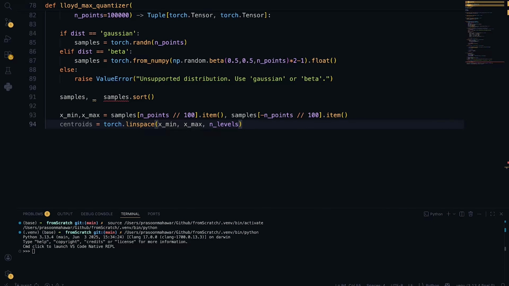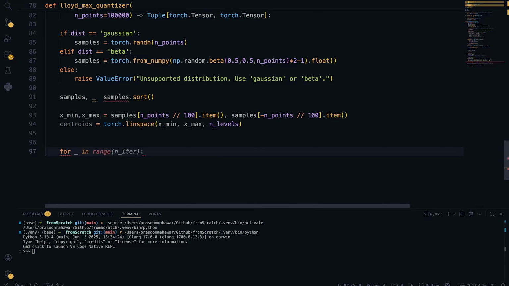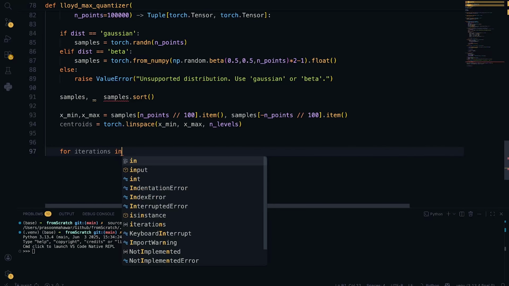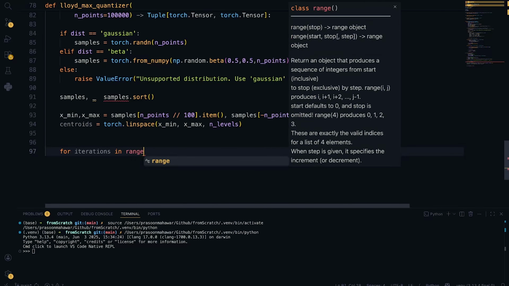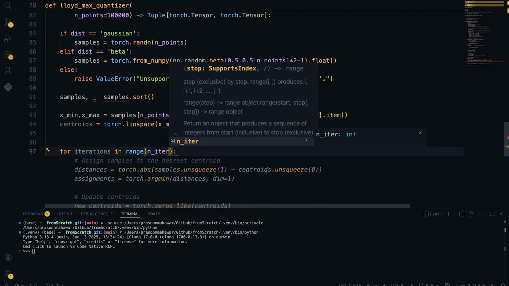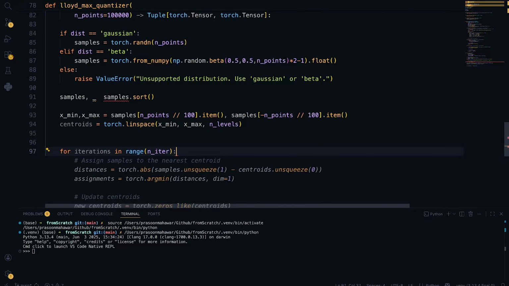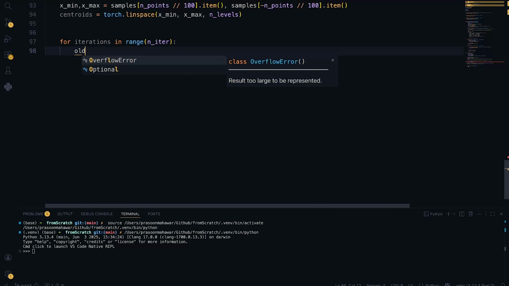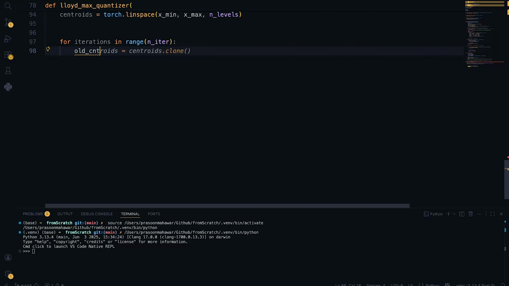And now for the iteration part, the algorithm part, like for iterations in range n underscore itr, we have old centroids and we clone the centroids.